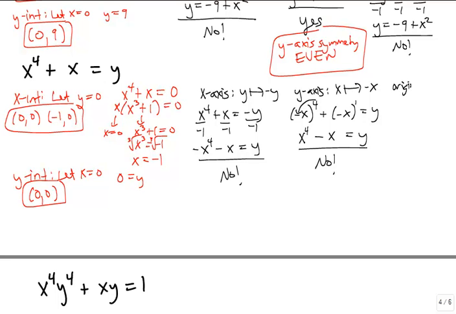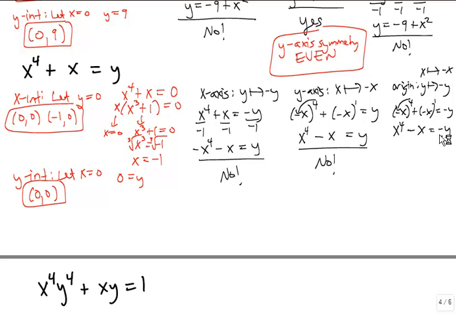All right, let's try the origin. So we replace x with minus x, y with minus y. So using parentheses on the left side, negative x to the fourth plus negative x equals negative y. I changed everything. So the fourth degree negative disappears. The first degree negative stays put, and the negative in front of the y stays put.